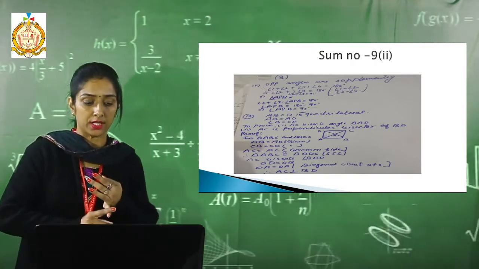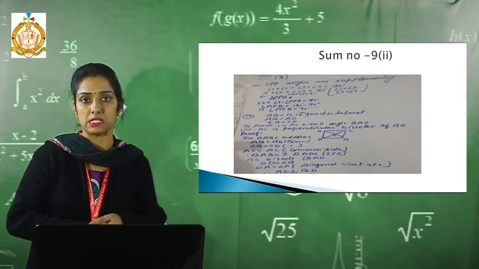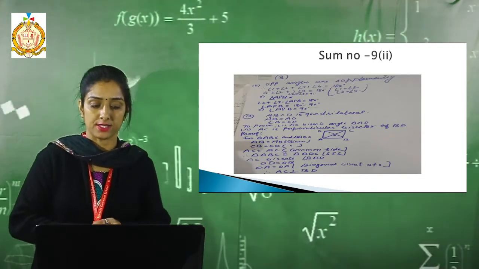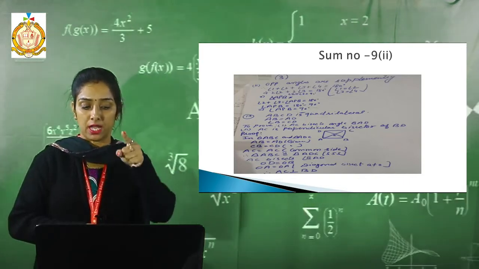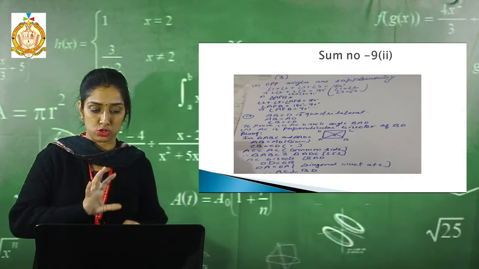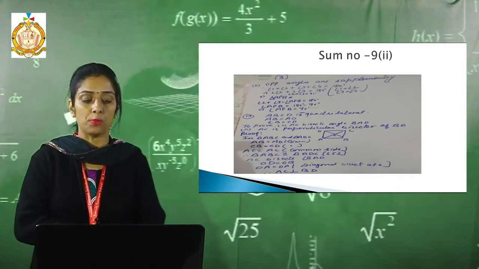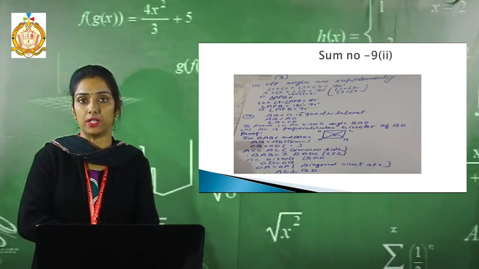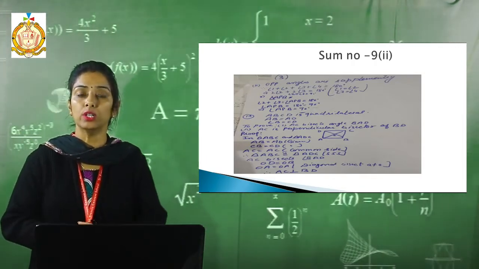First of all we take 2 triangles, that is ABC and ADC. Now see here very carefully, AB and AD are given equal, and CB and CD are also given equal, and AC is equal to AC, that is a common side. Now by the SSS property, we get that these 2 triangles are congruent to each other.